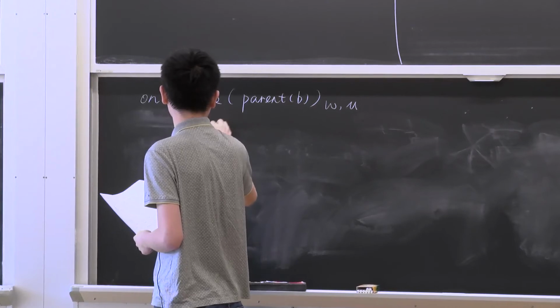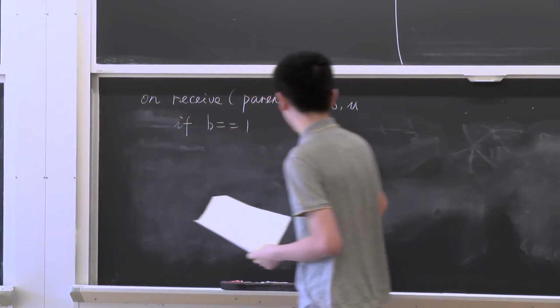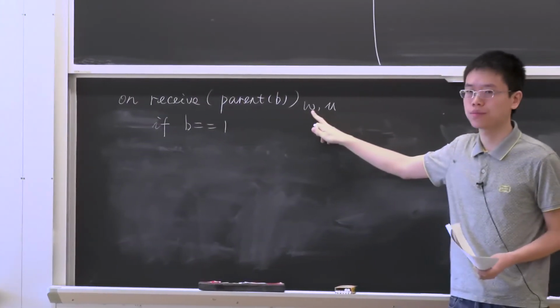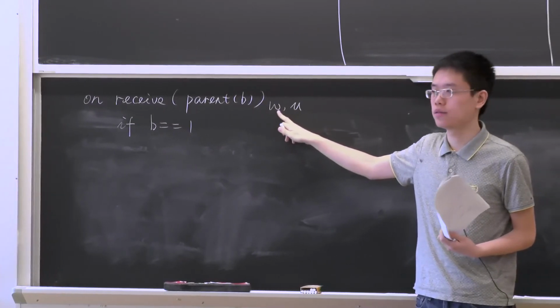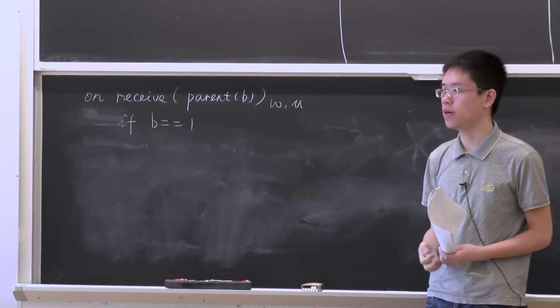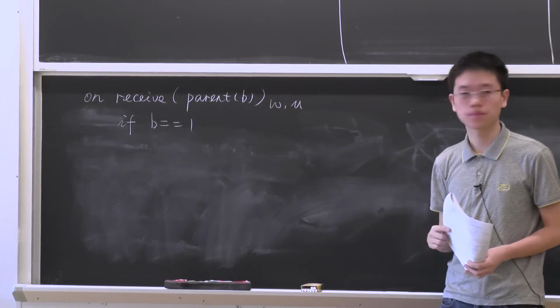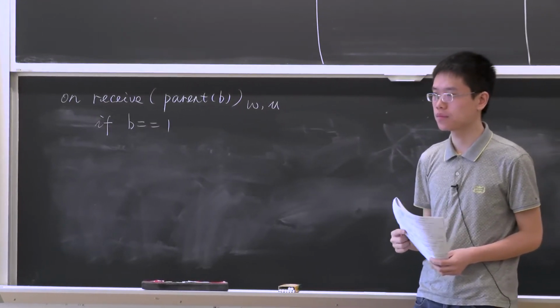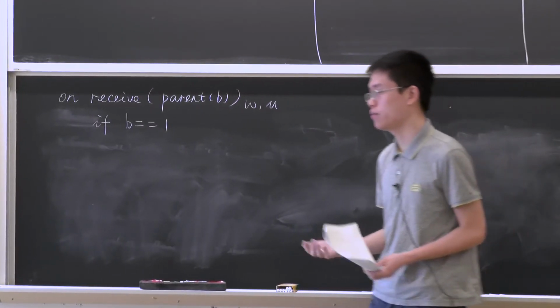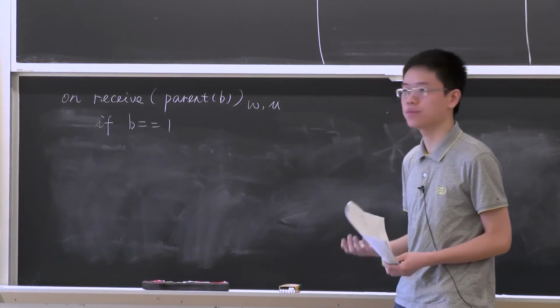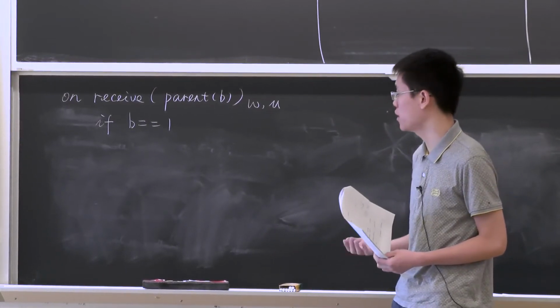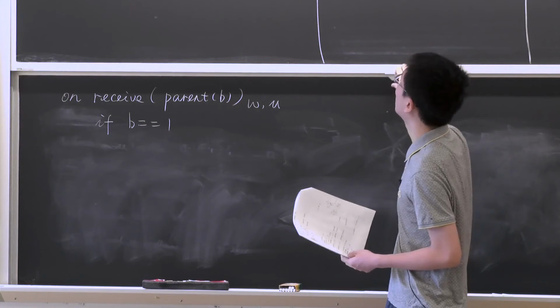Okay, if B is 1, that means this particular W takes me as its parent. Make sense? So I'd better have a list of my children. I want to keep track of that. How?